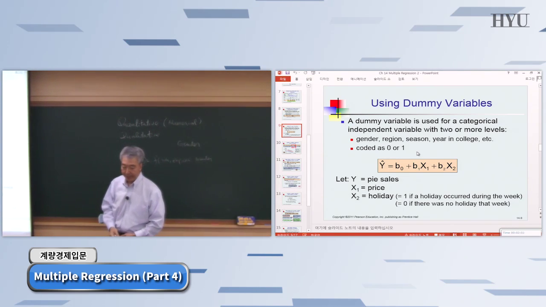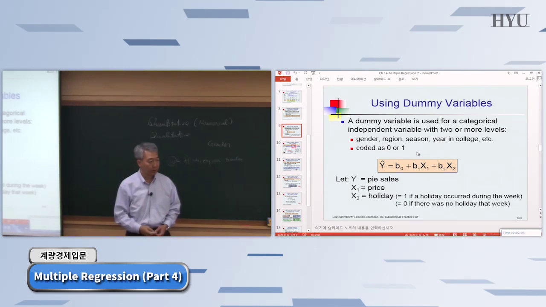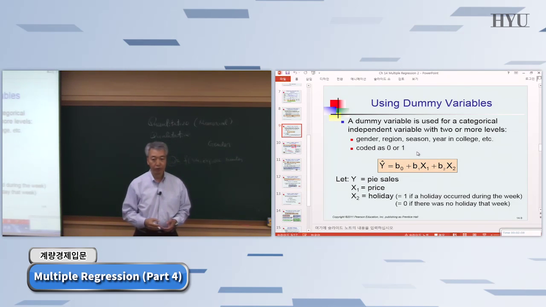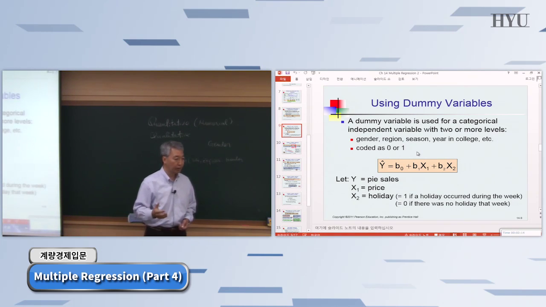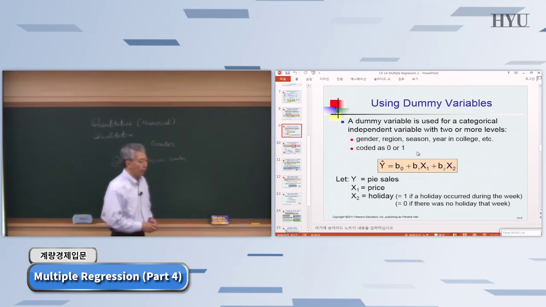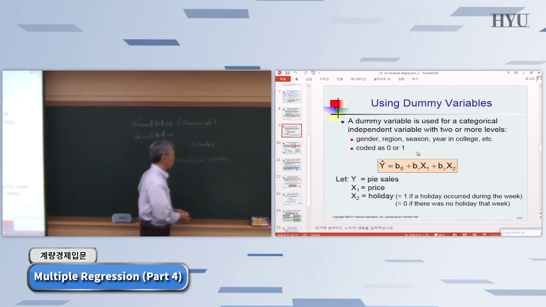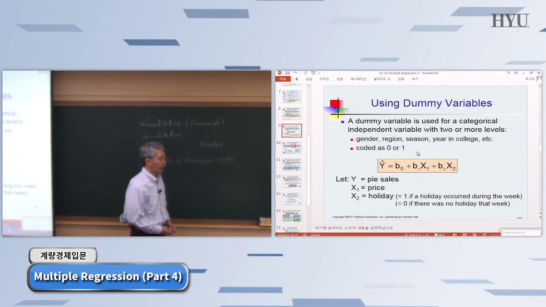Because ideally it shouldn't make any difference whether a person is male or female, as long as they have the same level of schooling or experience or same productivity, right? But in reality, unfortunately, gender makes a difference. So typically we include that as one of the explanatory variables.